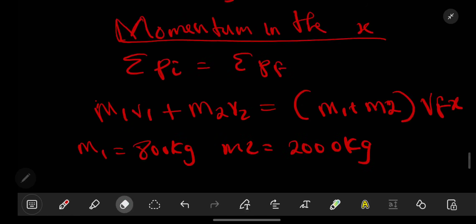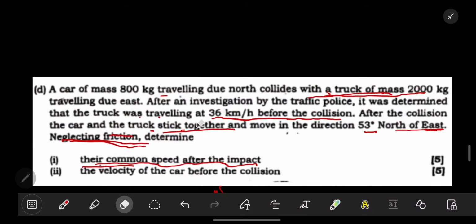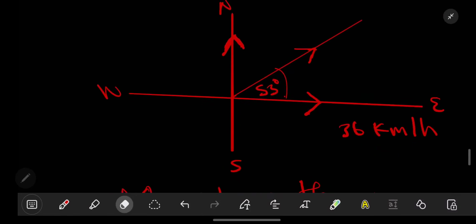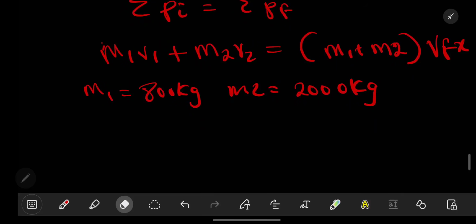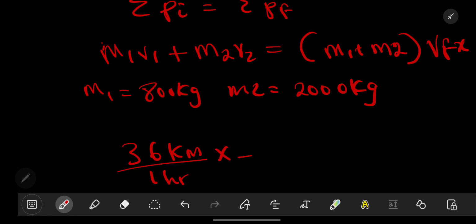Before that, let's convert the speed. The speed of the truck was 36 kilometers per hour. Converting this, we have 36 using the chain link conversion over 1 hour. We want meters per second, so the hour has to go up. In 1 hour there are exactly 3,600 seconds.